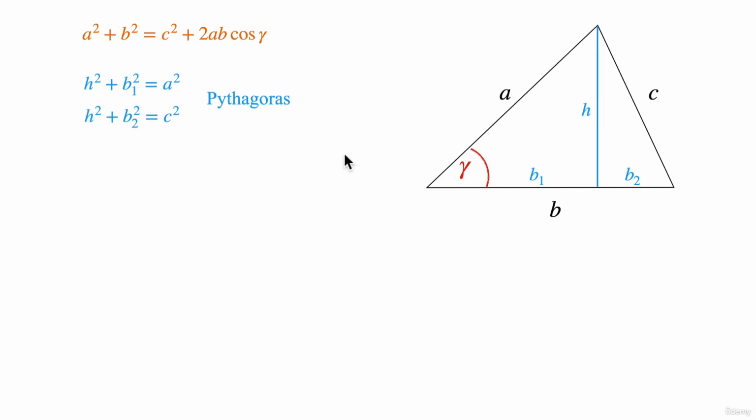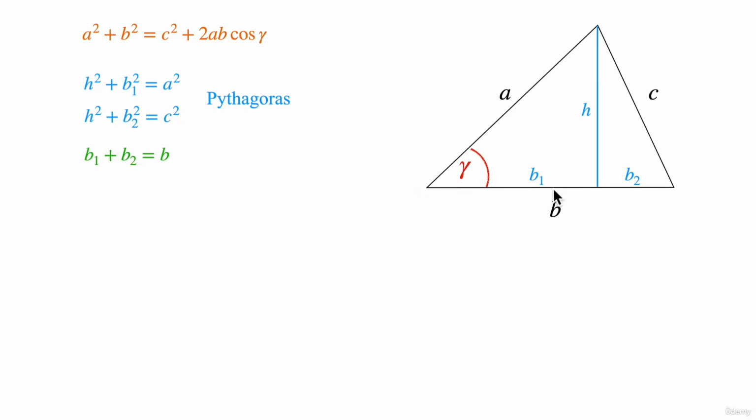And we get, from the Pythagorean theorem for this triangle and this triangle, which are right triangles because the height is perpendicular to the side, from this left triangle h squared plus b1 squared is equal to a squared, and from this right triangle to the right you get h squared plus b2 squared is equal to c squared. So just the Pythagorean theorem applied 2 times.